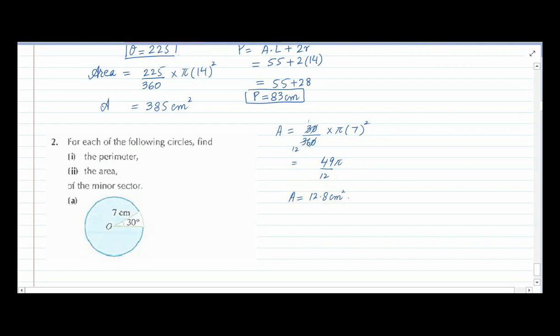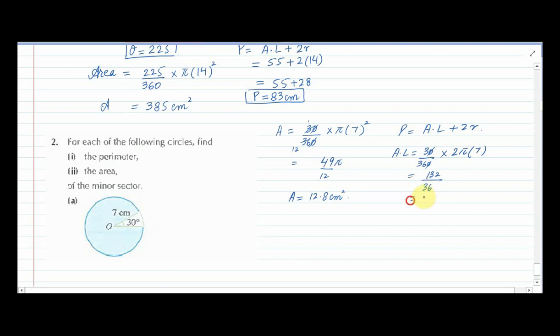Now the perimeter. So perimeter is basically what? Arc length plus 2r, and arc length is angle divided by 360 multiplied by 2 pi r. Again simplification. So 3 times 2 times pi times 7 is 132 divided by 36.